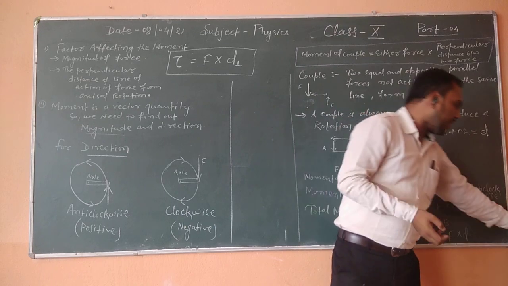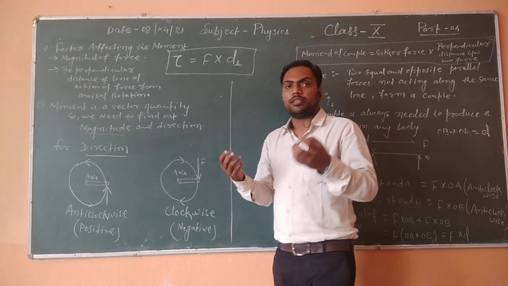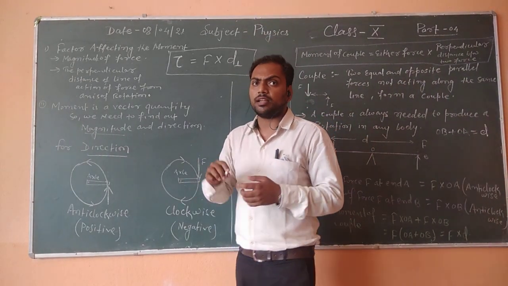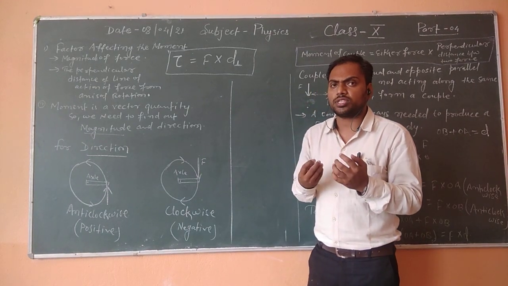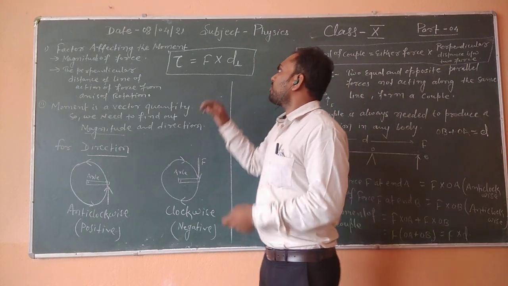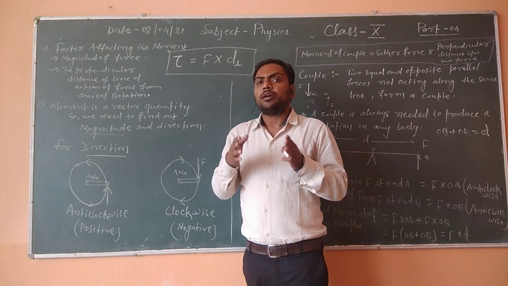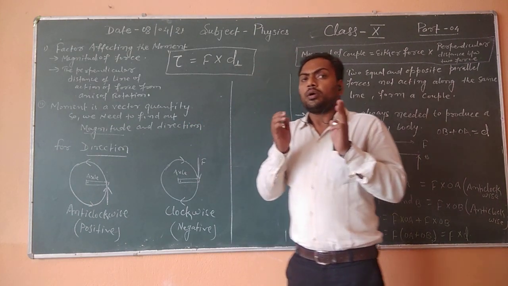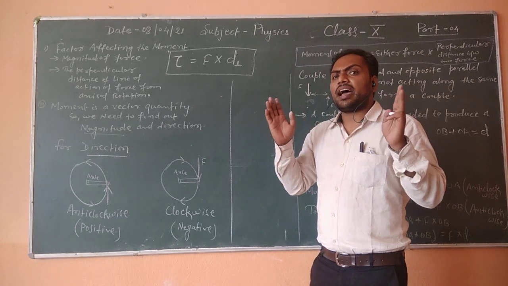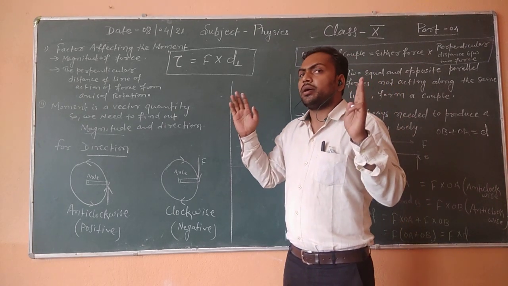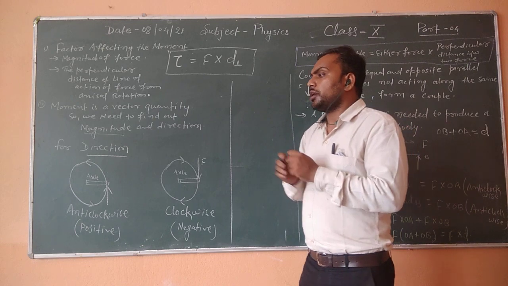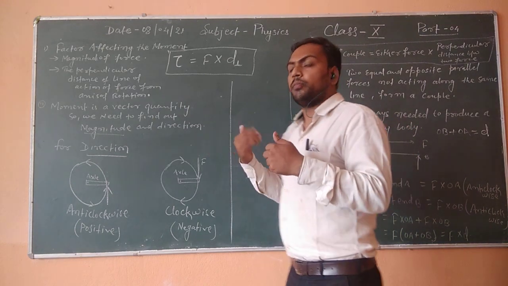If it is 5, if it becomes 10, the moment will increase. Definitely, with the increase of magnitude of force, the moment will increase. Likewise, with the increase of the perpendicular distance between the axis of rotation and the line of action of force, the moment will increase.